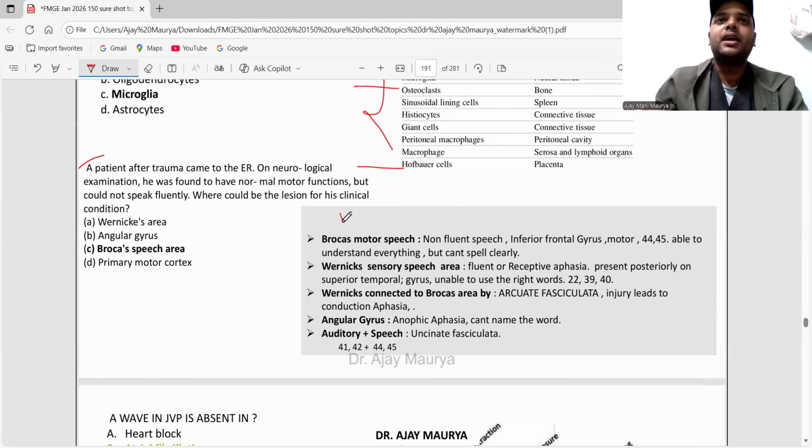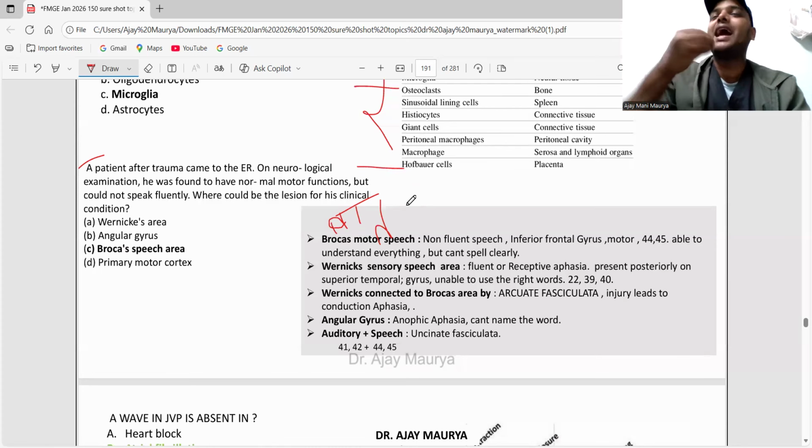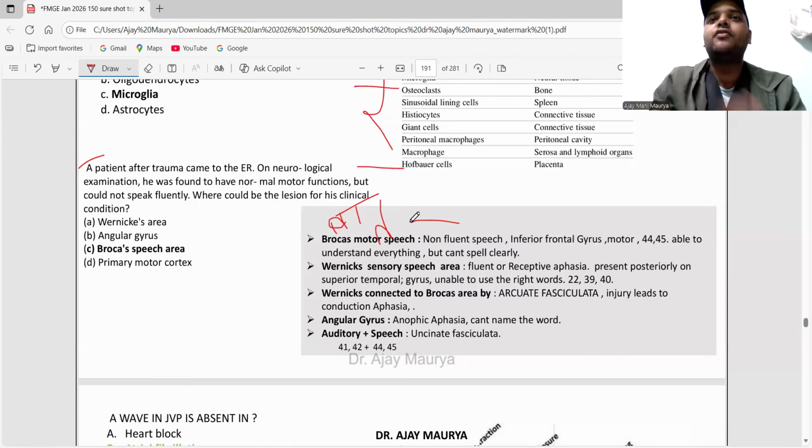Here, he can understand the words very clearly, but he can't speak fluently. That's why there is non-fluent speech. Why? Because of a lesion at the inferior frontal gyrus, areas 44 and 45.